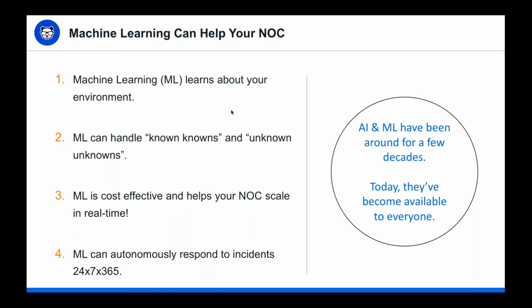And the third point, I think, is extremely important, especially for large organizations, or a medium-sized organization that's very dynamic. Machine learning is extremely cost-effective and can help your NOC scale with the existing headcount that you have in real time, which is, I think, basically a game changer.